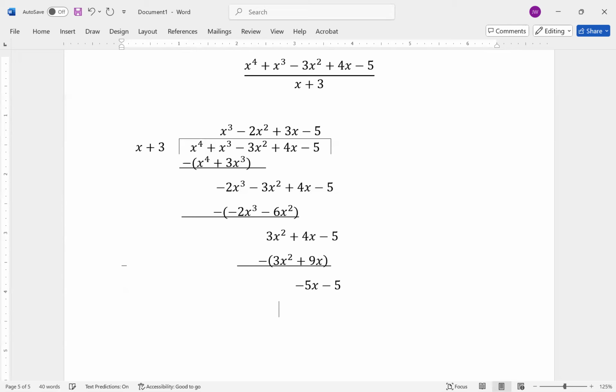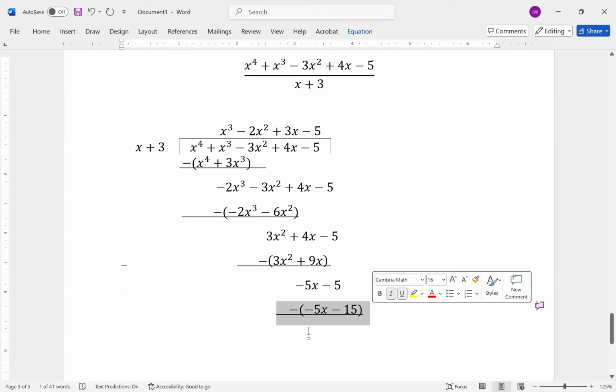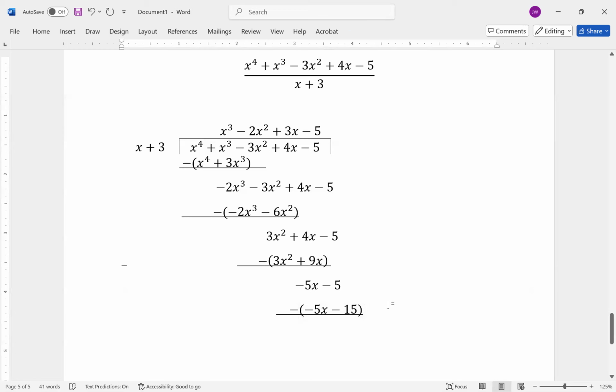And so I do that, and I'm going to subtract the polynomial, but the polynomial I get would be negative 5x minus 15. Do that subtraction, and I'd get a positive 10. That positive 10 is my remainder.